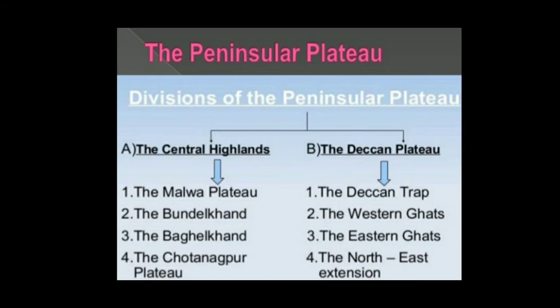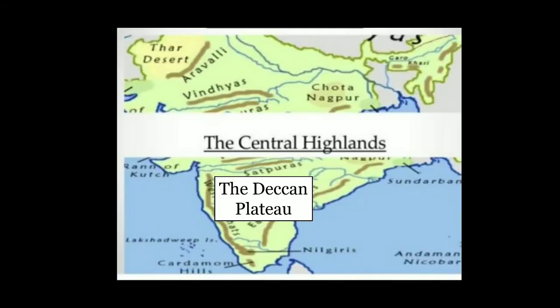When you see the picture of this map, you will understand that the peninsular plateau consists of two broad divisions, namely the Central Highlands and the Deccan Plateau.